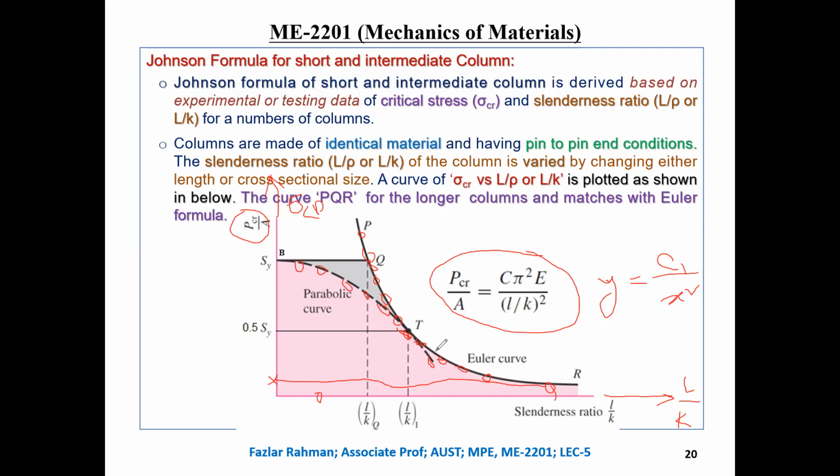So he found that some of the columns exactly maintain the Euler path. That means this P, Q, T, R is the Euler path.